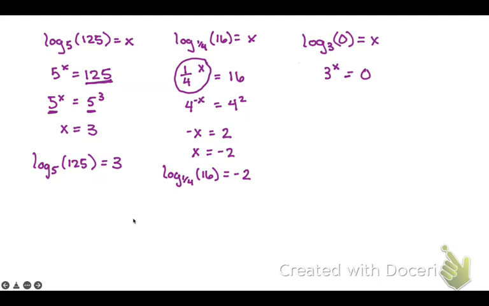Well, 3 to the first would be 3. Anything to the 0 is what? 1. Anything to the 0 is 1. Is there any power of 3 that can give me 0? No, it's no solution.